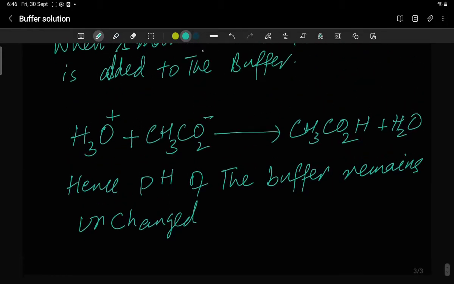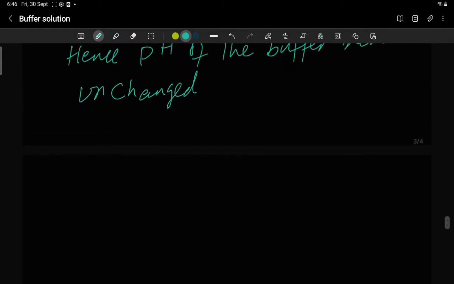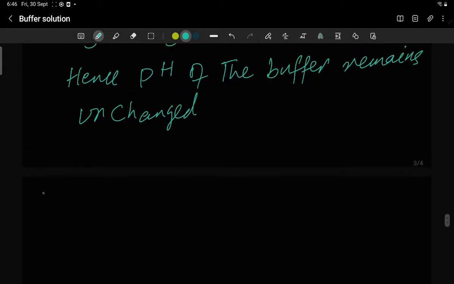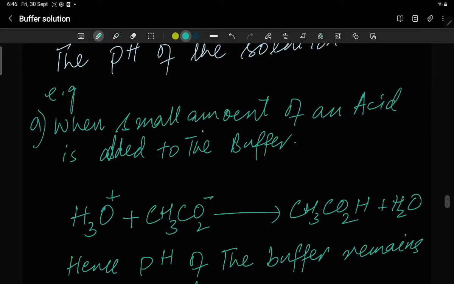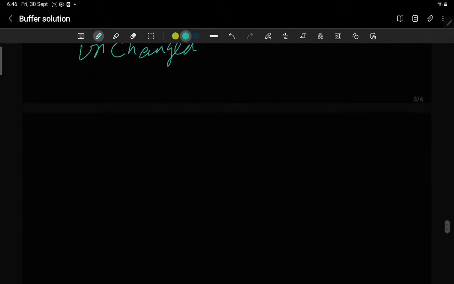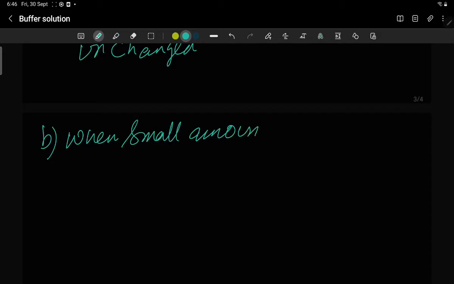On the other hand, when a small amount of base is added: A, when small amount of acid, and B, when small amount of alkali is added to the buffer.